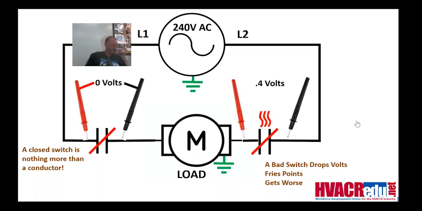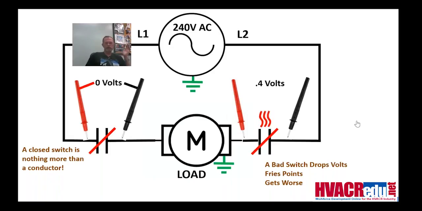Now there's somewhat of a myth out there about switches. "Oh, we got a bad switch, so I'm going to get my handy dandy little tiny file out and I'm going to tune up those points." Forget it. You'll probably make the problem worse than if you would have just left it alone. You cannot file points with anything.